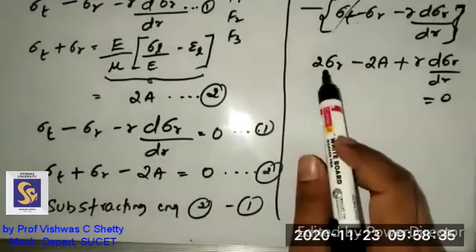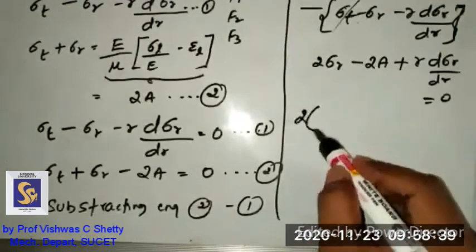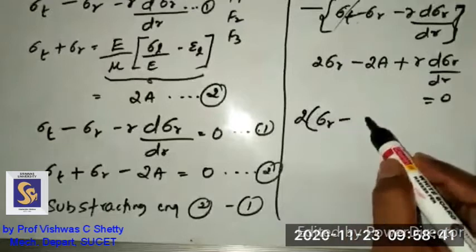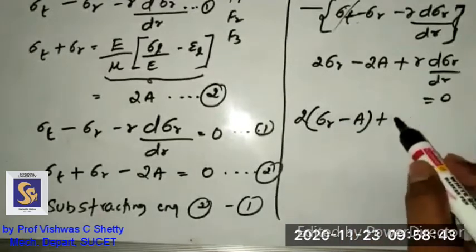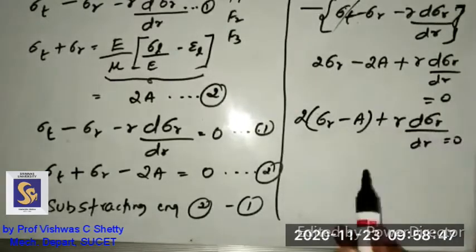Further, you can see that 2 is common in these terms. If you take 2 outside, sigma r minus a plus r d sigma r upon dr equals 0.